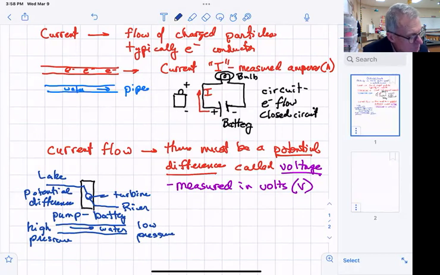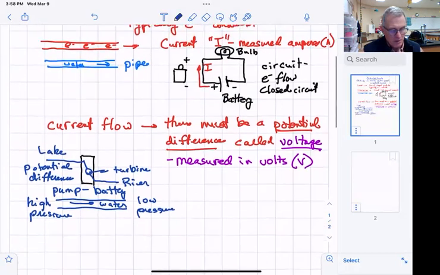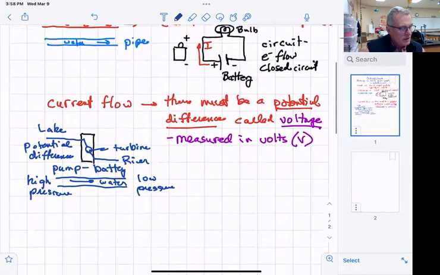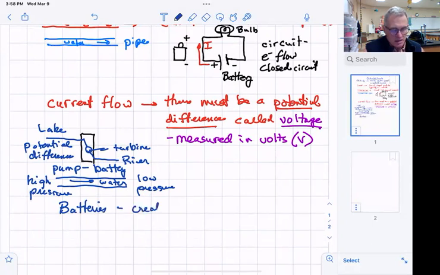So batteries or power sources create potential difference.